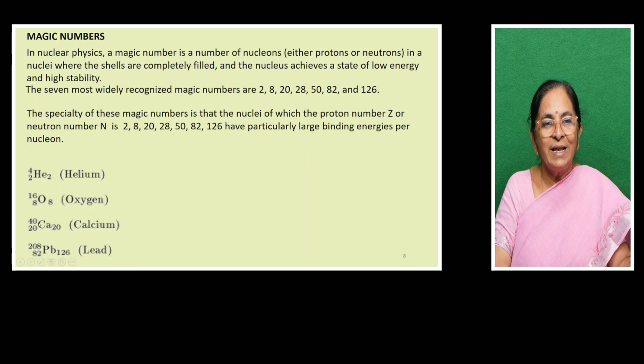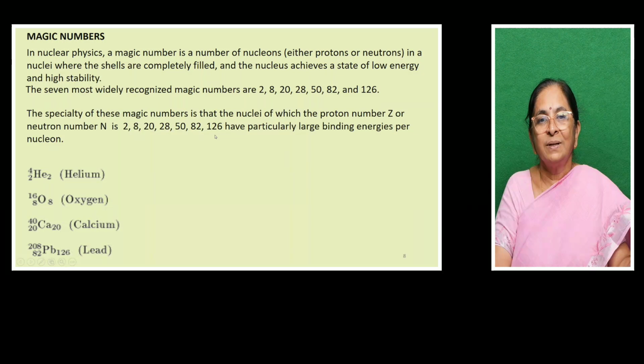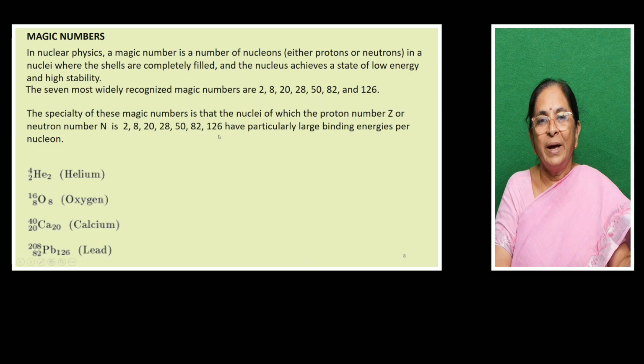Here you can see calcium. In calcium also the proton number is 20 and the neutron number is 20. So both nucleons have magic numbers. 20 is another magic number. And then lead. Lead has 82 protons and 126 neutrons. So 126 is a magic number.